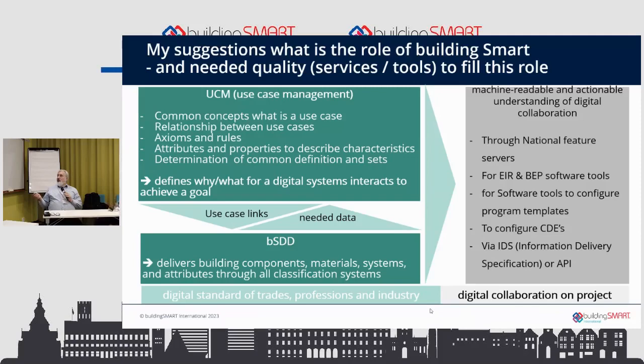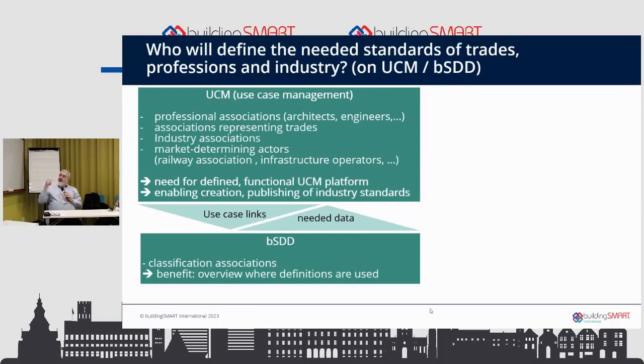So here we have the digital collaboration on a project, but the line is here. This is what we're talking about. This is the effect afterwards. And I was wondering, who are these people to define that? To my understanding, the challenge is to define now our digital rules, how we work together in a market.